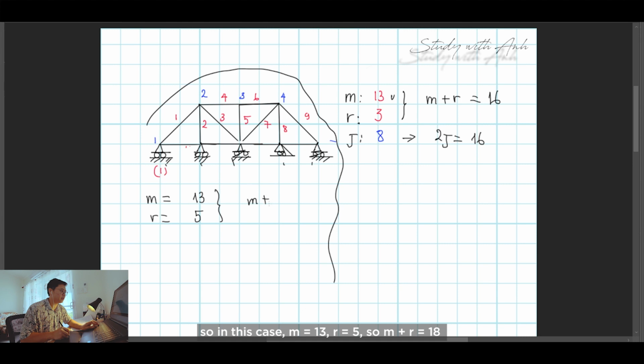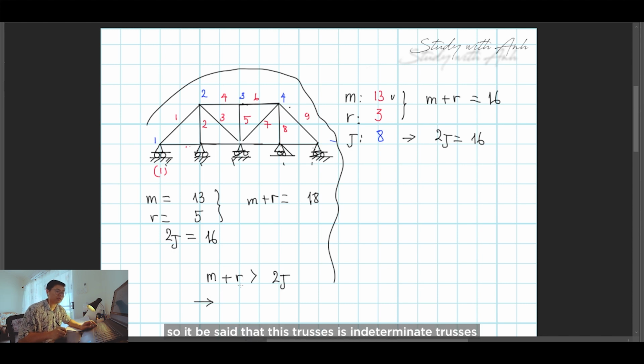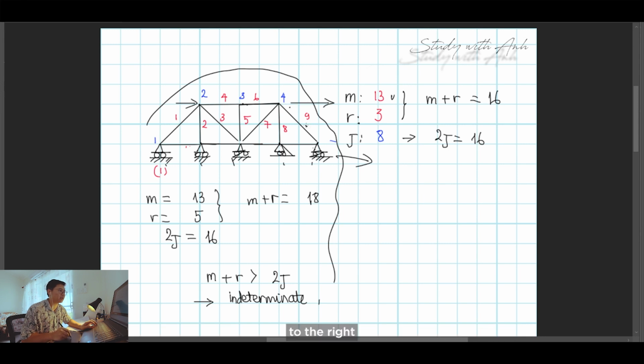So M plus R is now 18. 2J equals 16. So now M plus R is greater than 2J. So it can be said that this truss is indeterminate. But is it stable or not? It is unstable now. Because look, if you have a force in here, the whole structure will move this way to the right. So that's how you analyze it.